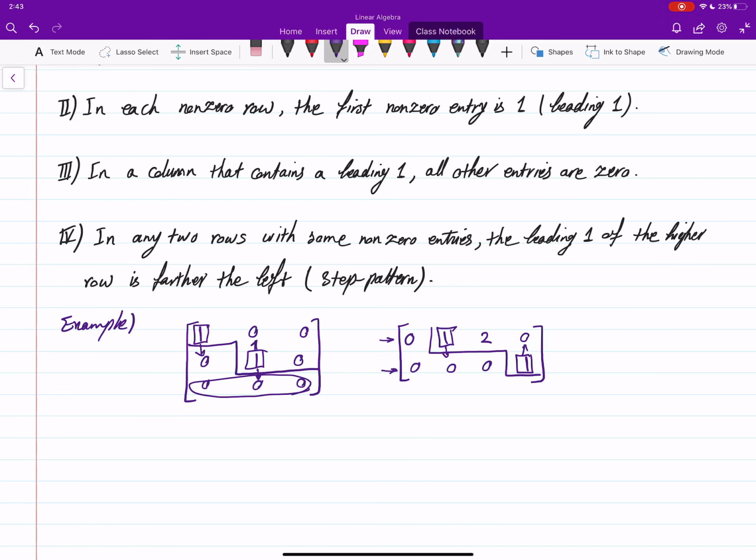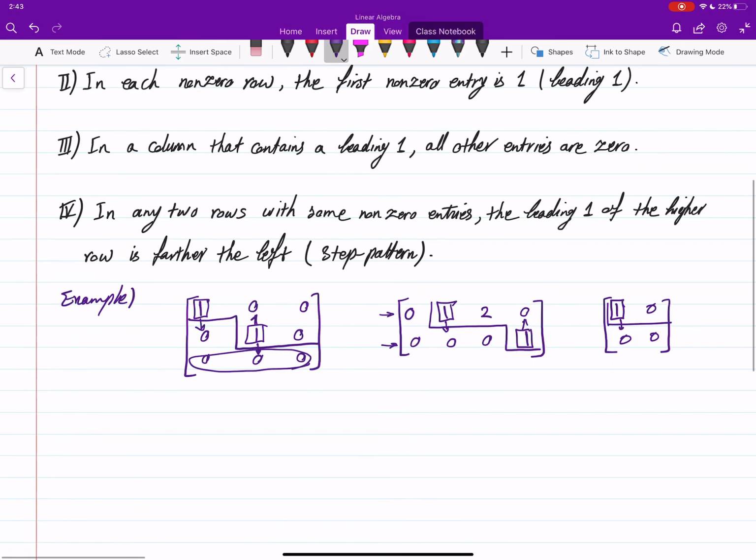And let me write another one, something like 0, 1, 0, 0, 0. We have only one leading one, and everything else in that column is 0. There is nothing else to form steps, but that's still row reduced echelon form.